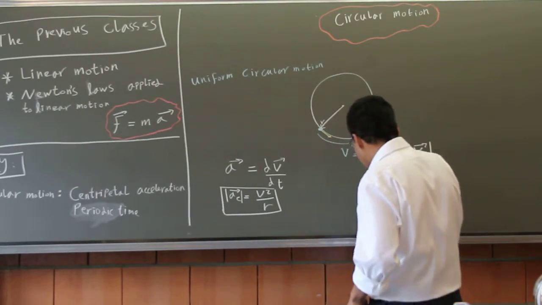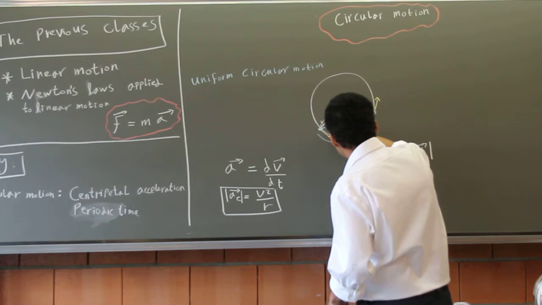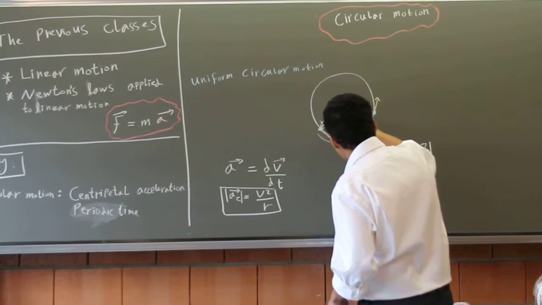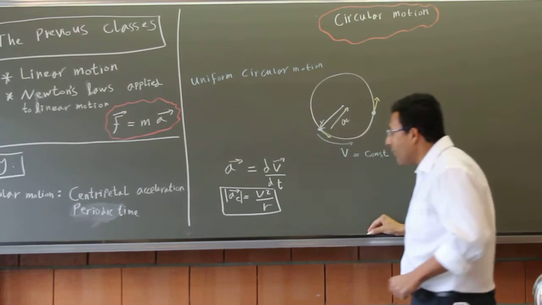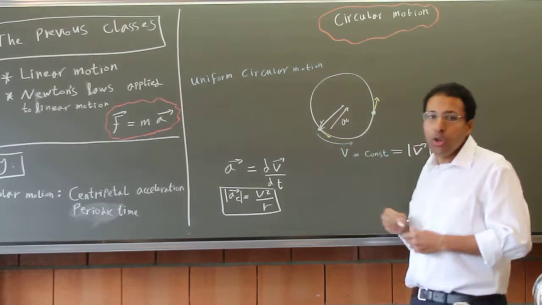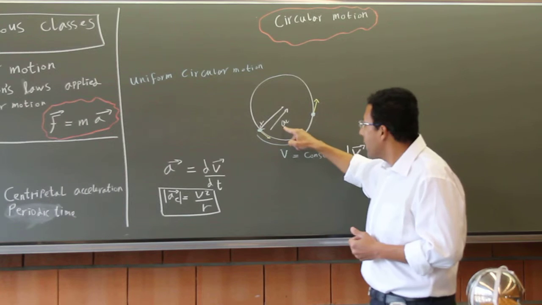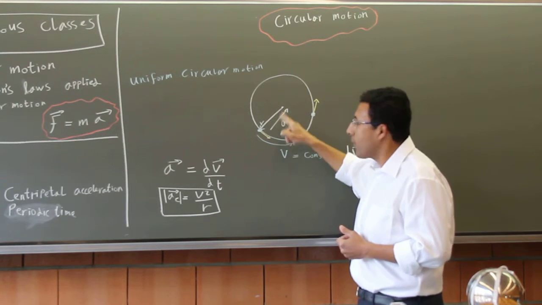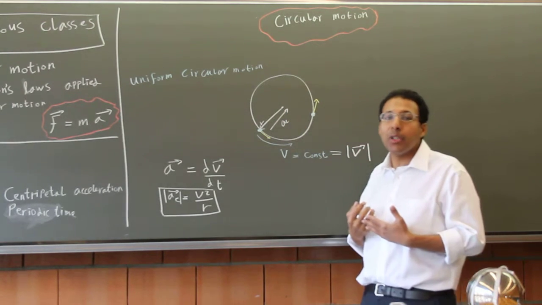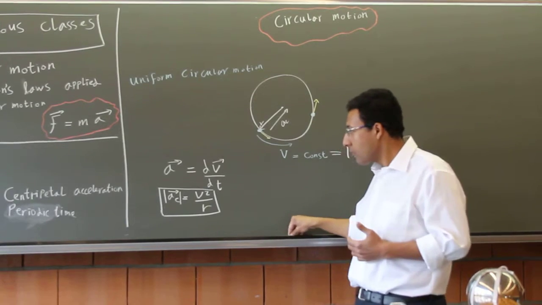So this is the direction of my acceleration. And again, I will ask you in a homework problem to show that this acceleration is toward the center. And because of that, we call it the centripetal acceleration.